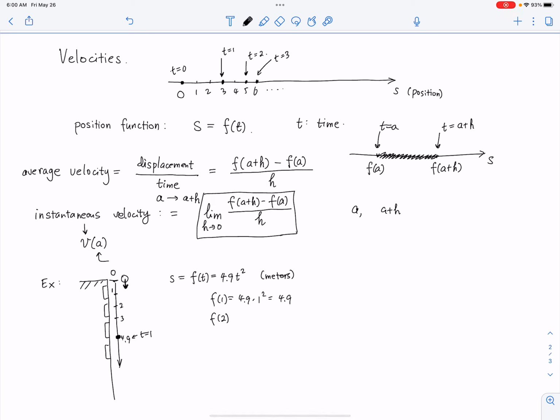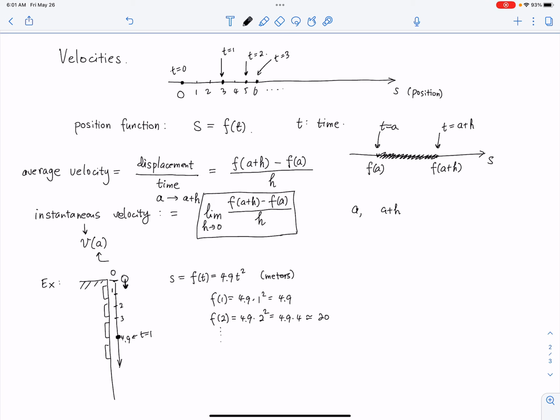After 2 seconds, that will be 4.9 times 2 squared, that will be 4.9 times 4, that's about 20 meters below the starting point. And you can do any position. Okay, so that's a position function. Now, how fast is the ball? How fast is the ball moving at any time t?